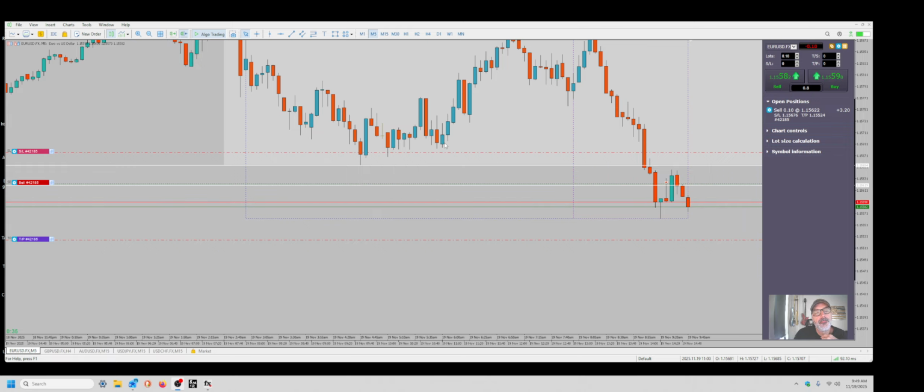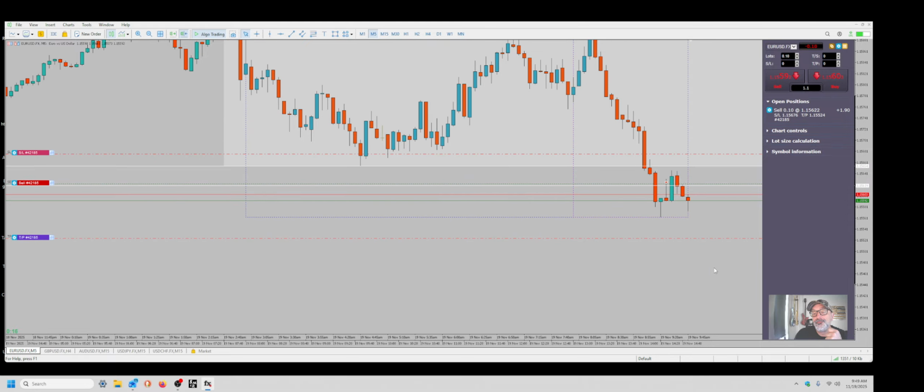The buyers are here and buyers are here, but you also have the sellers that just came in. So I think selling the USD, this pair is where I want to be.